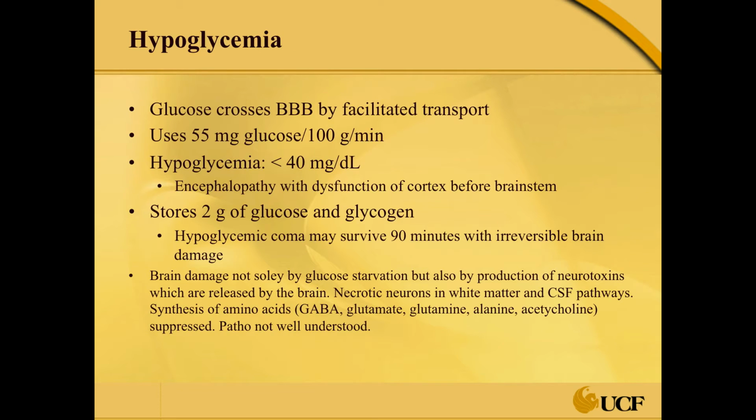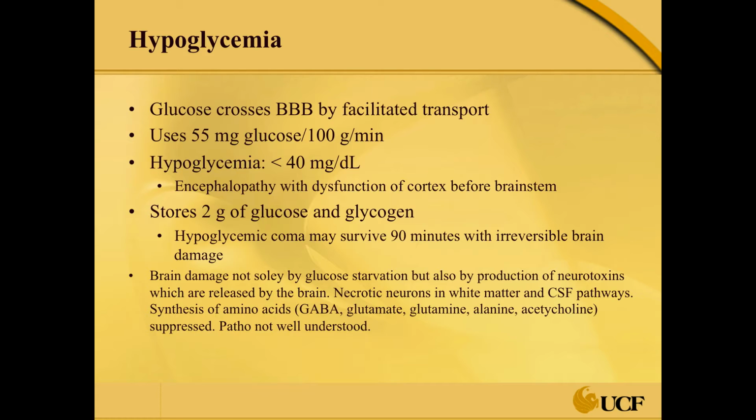Hypoglycemia: glucose, we know of course, crosses the blood-brain barrier, and it does this through a facilitated transport mechanism. The brain uses about 55 milligrams of glucose for every 100 grams of tissue per minute.